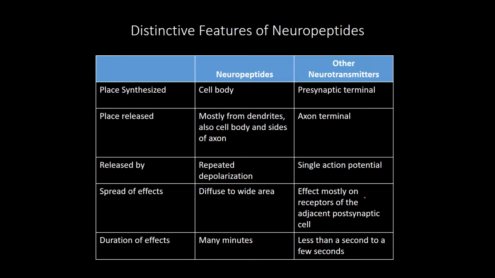Neurotransmitters are primarily going to affect receptors on that postsynaptic neuron, and this has a fairly short effect, less than a second to a few seconds at most. So neuropeptides are going to be more modulatory. When we get to the units on feeding behavior and sexual behavior, you'll see neuropeptides play a bigger role.